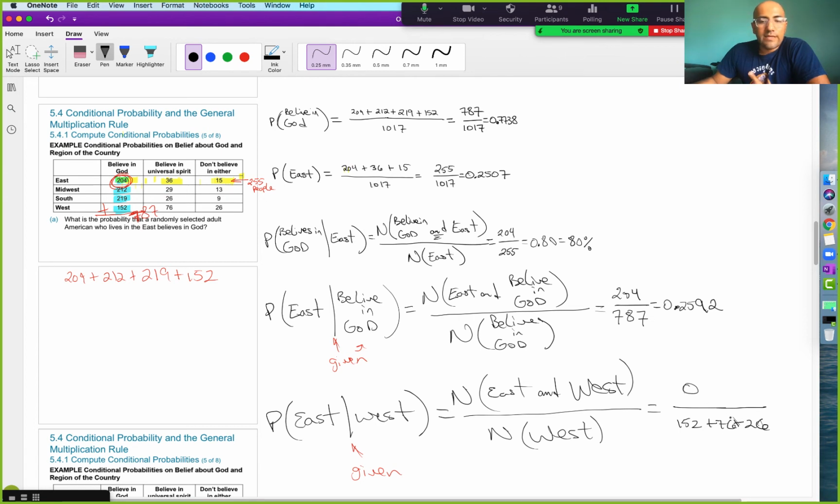But 0 over anything is 0, so the answer is just 0. As long as the denominator is not 0, then 0 over any number other than 0 equals 0. And that makes sense. The probability that someone lives in the East given that they live in the West makes no sense.